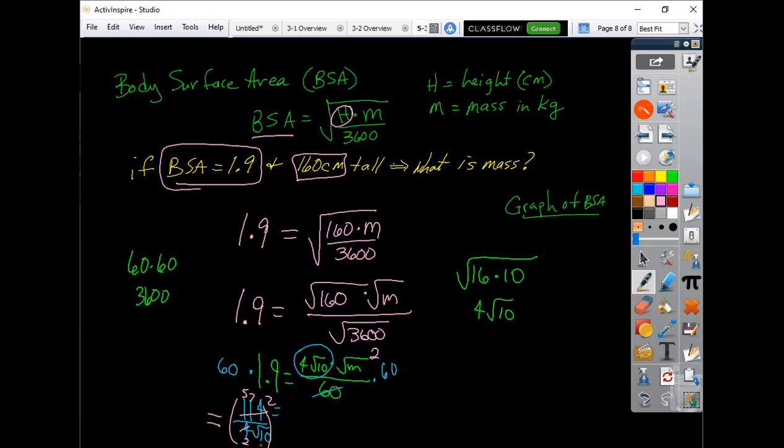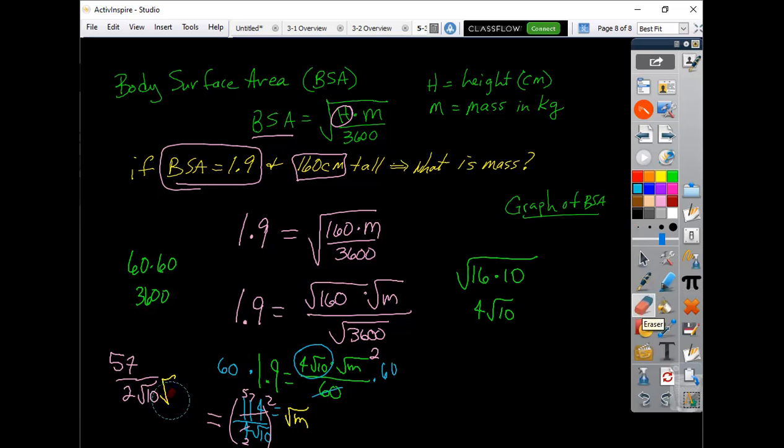So you could think about doing that a little bit, reducing that down. So I've got 57 over 2, but I've also got that square root of 10 down there. And just a reminder then, if they don't like the square root in the denominator, we got to get that out of there. But I don't know if I'm going to do that because remember, this equals the square root of m now, and we're going to square both sides, and that should take care of the square root of 10 down there.